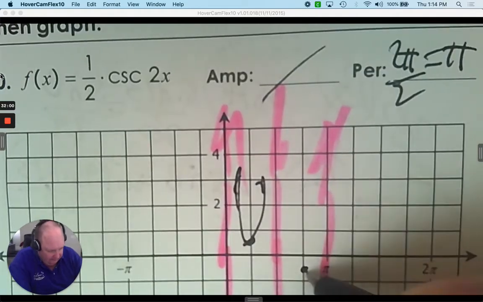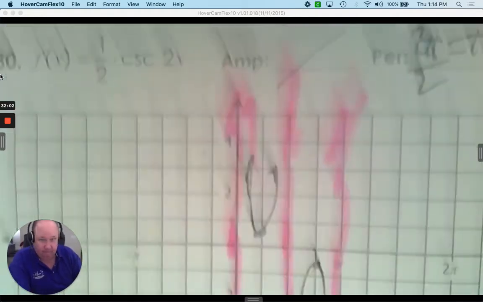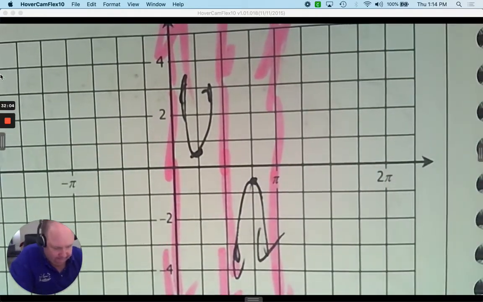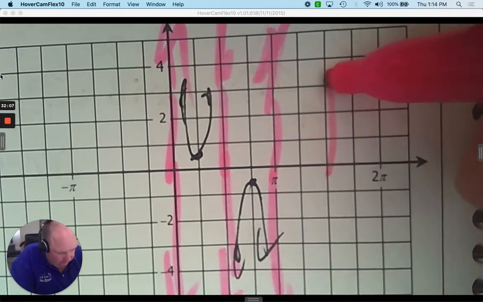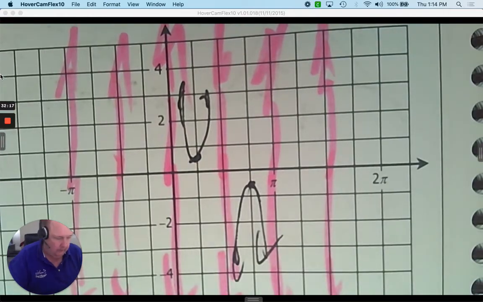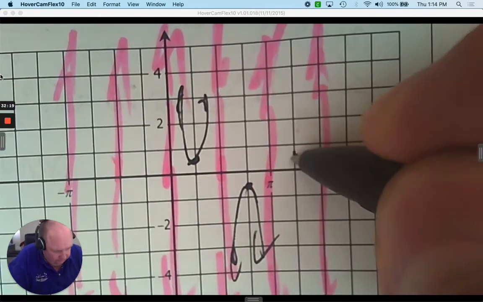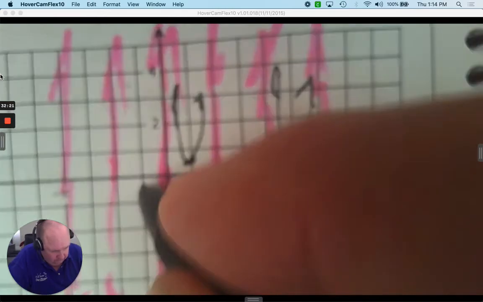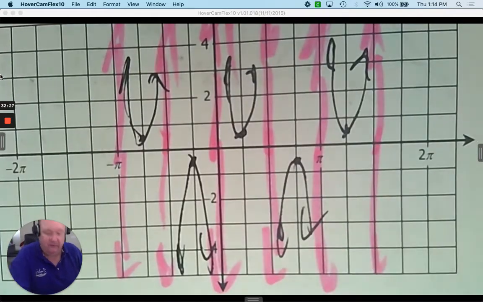Find -1/2, and it goes down. And that's the pattern. You don't have to fill into the ends of the graph.